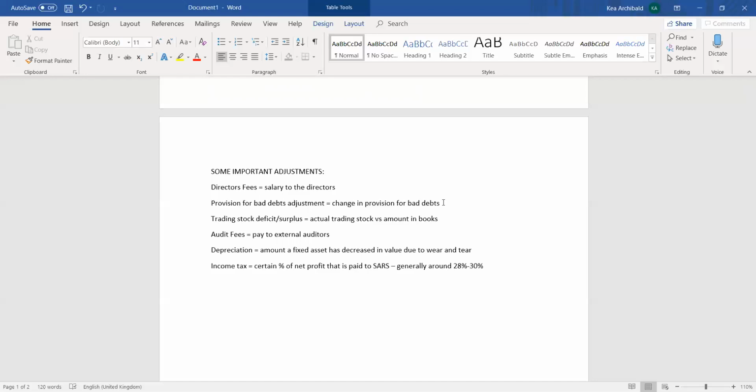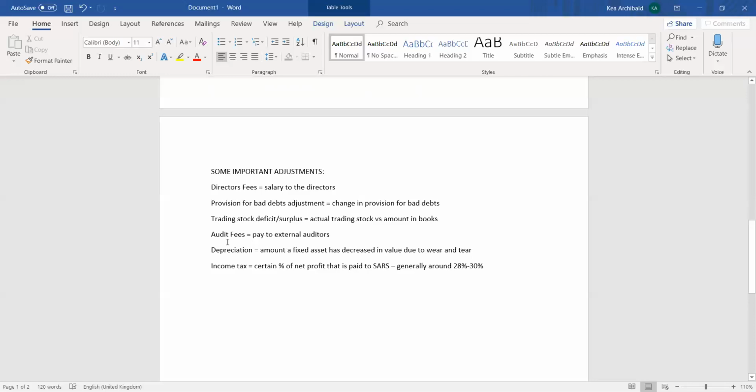Then we'll have a trading stock deficit. The amount would be the difference between the two. If we have a higher amount of actual trading stock to the amount we have in our books, we would have a trading stock surplus, and the amount would be the difference. Trading stock deficit is an expense, and trading stock surplus is an income.